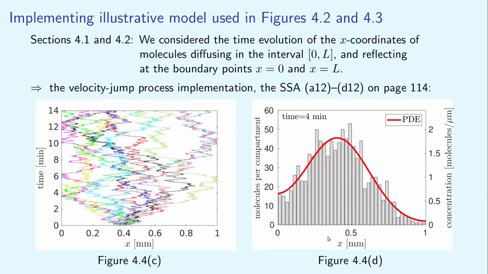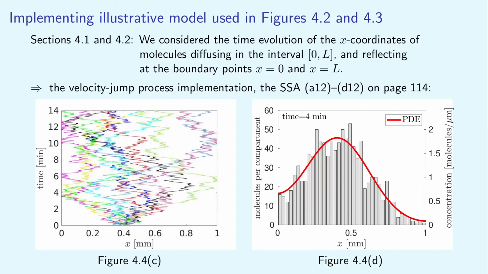The simulation of 1000 molecules is visualized in figure 4.4d, exactly in the same way as we did for the position jump processes in sections 4.1 and 4.2. To get such a comparable plot, we have used the same value of the diffusion constant D in all simulations, which was chosen to be a typical value of the diffusion constant for proteins.